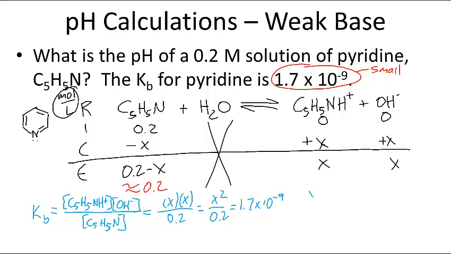All right, so X squared will equal 0.2 times that. So that's going to be 3.4 times 10 to the negative 10th. The square root of 3 is somewhere between 1 and 2, so X is, I don't know, 1.8 times 10 to the negative 5th.